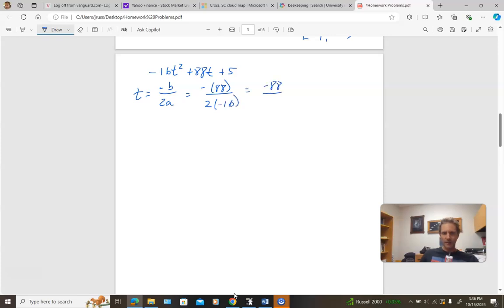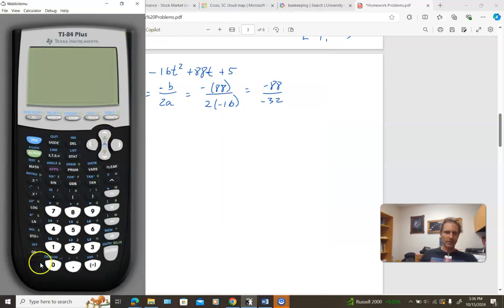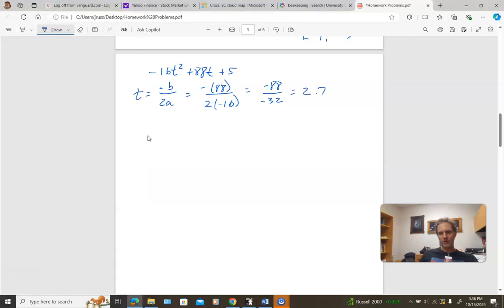This will be negative 88 over negative 32. It's going to become a positive. It's not going to divide evenly. You can leave it as 2.75 if you want, and I might even do that, 2.75. So this is the time that it takes to reach its maximum height.